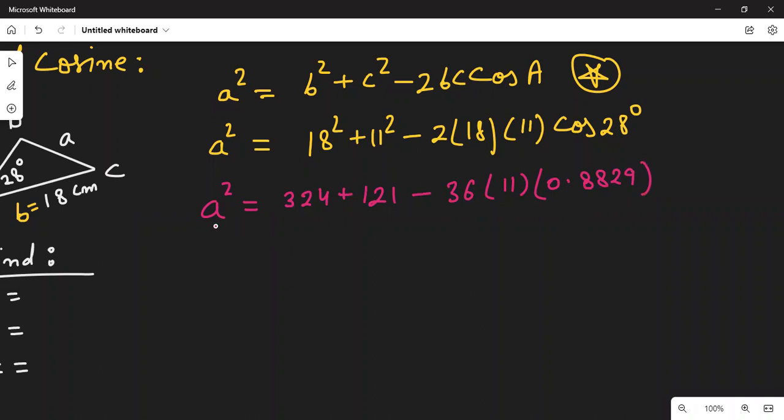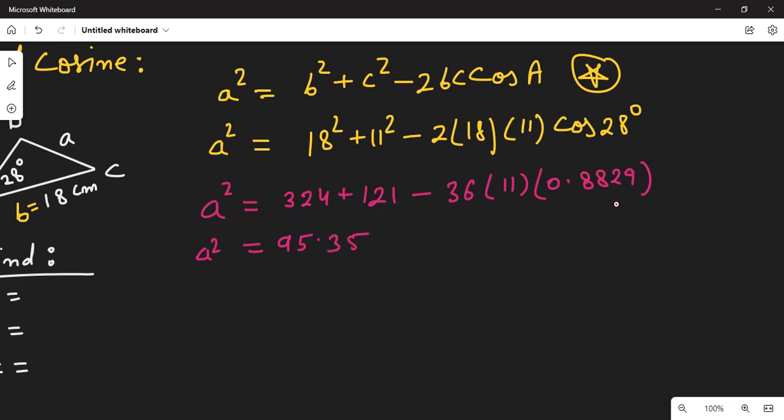So when you solve this further, your A squared is going to be, well, can you solve and find the value here? Using your calculator, you can find this value is 95.35.